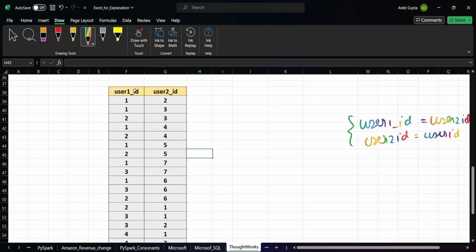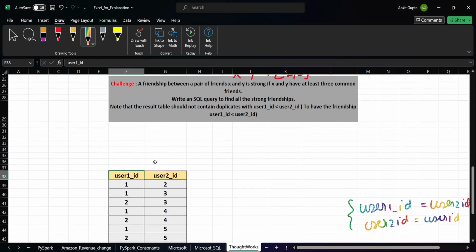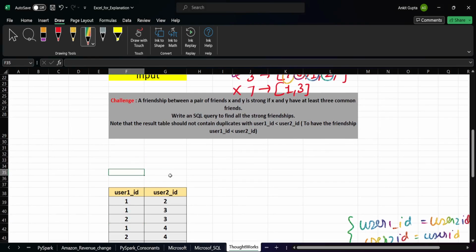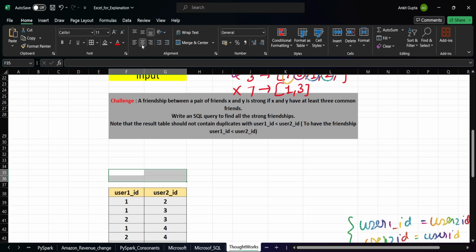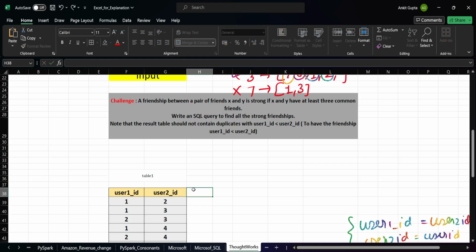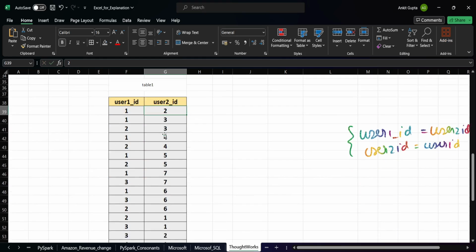So this is table one basically. The self join is required to generate all possible combinations. Let me write this as table 1. This question is a little tricky to understand, right? But this is a very interesting problem.